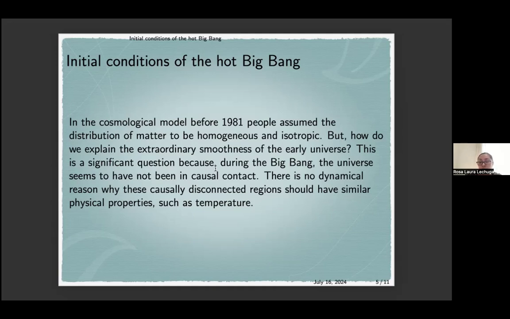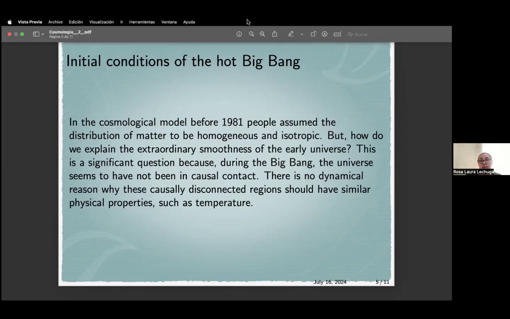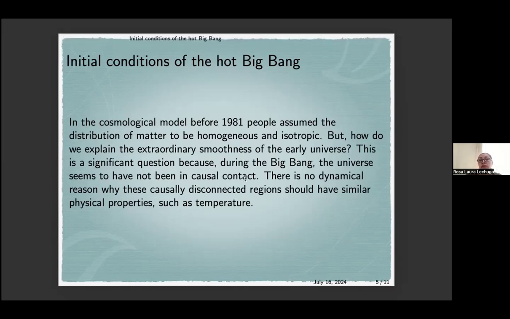And also they address the problem of what happened with the regions that one expects don't have causal contact, and they observe that the regions have causal contact.